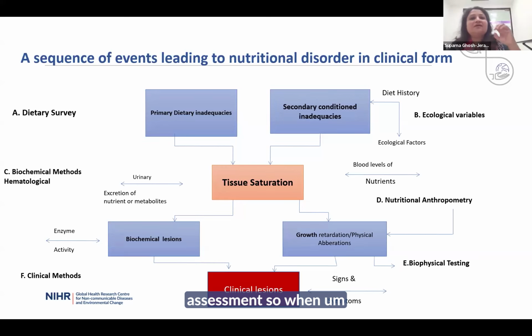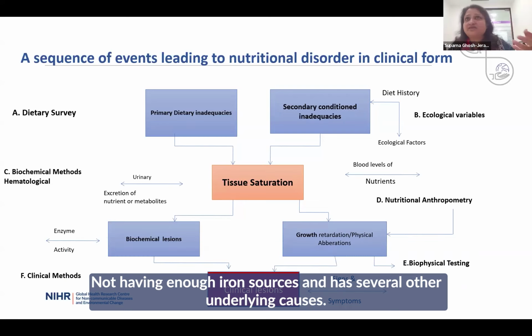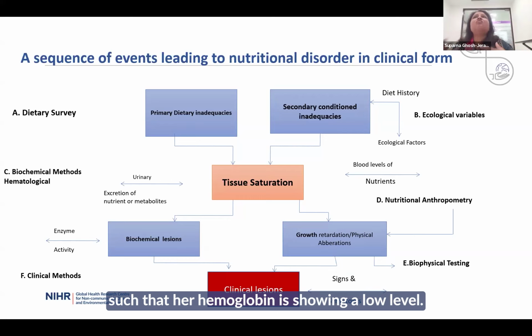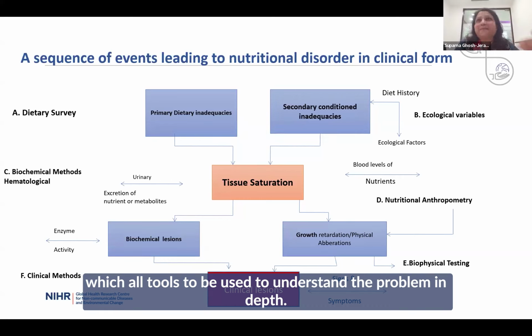So when you want to study something in depth and want to understand how come so much anemia is there in the population, that means the woman has been eating a diet which does not have enough iron sources and has several other underlying causes such that her hemoglobin is showing a low level. So the sequence not only tells us which tool to use, but also which all tools to be used to understand the problem in depth.